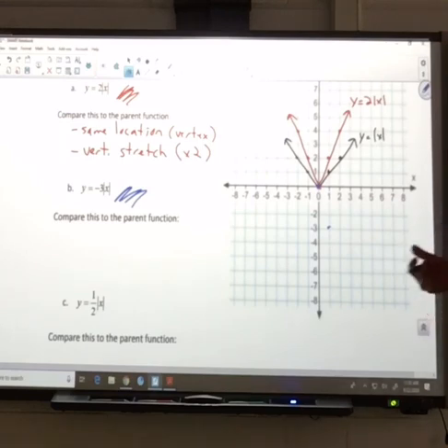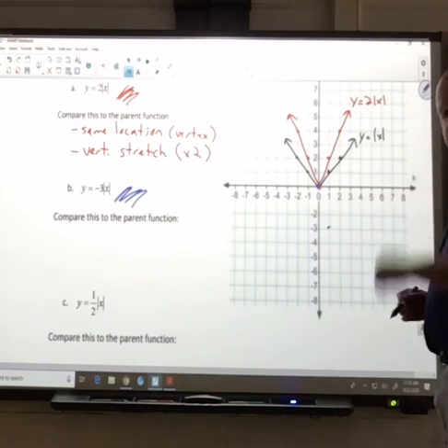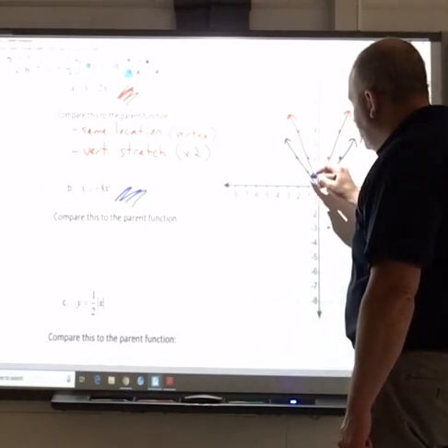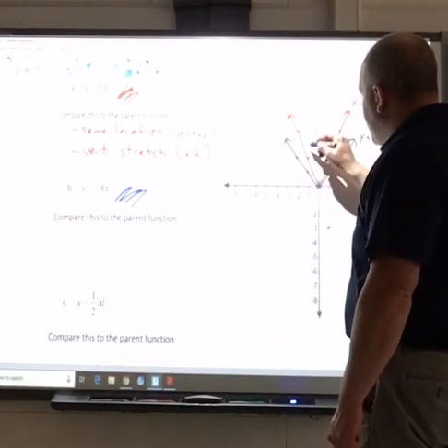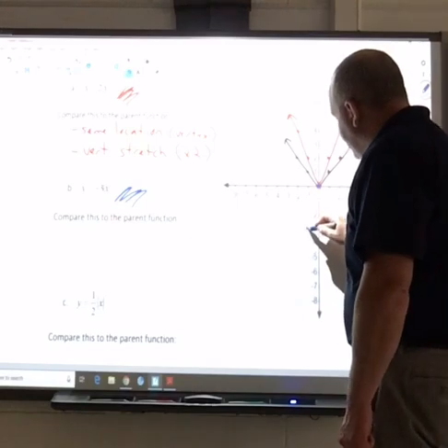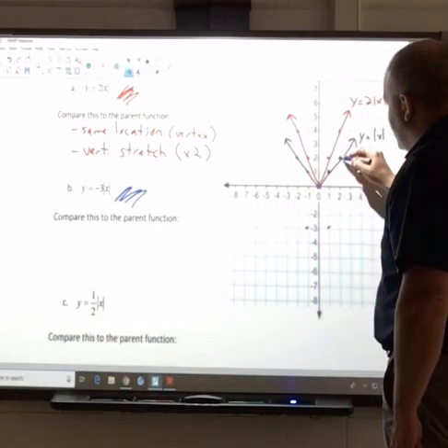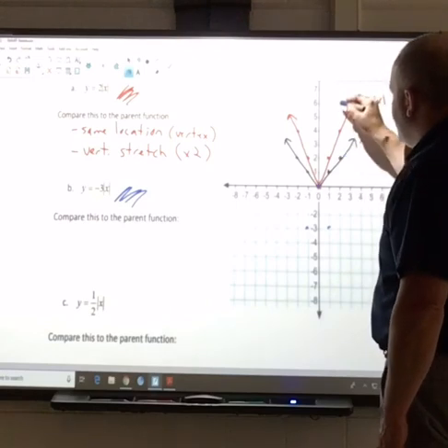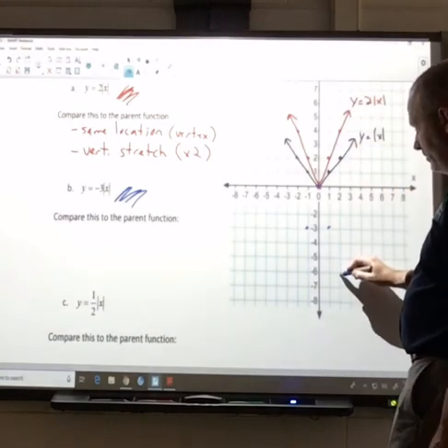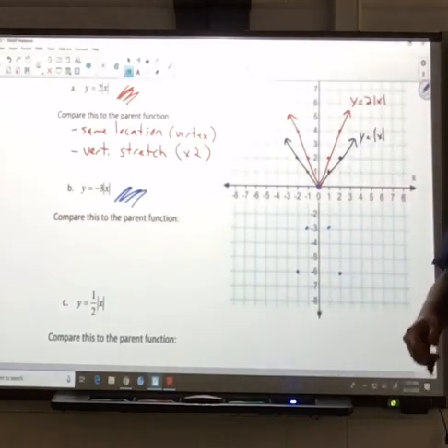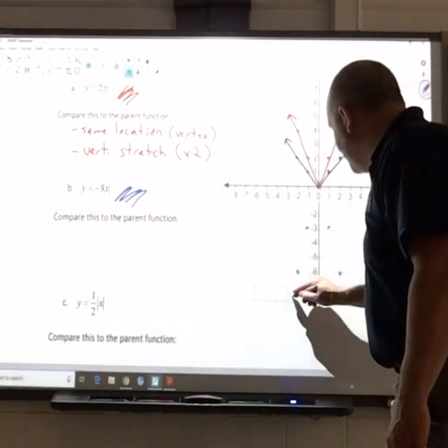So it reflects with the negative, and it stretches with the 3. This one, same idea. It triples, and it goes to the other side. Finally, this one here, that's a 2, it triples to 6, but then it goes to the other side. Or I guess you could do it in an alternative order, and you could say it goes to the other side and then it triples. Whatever you want, but it does both of them.